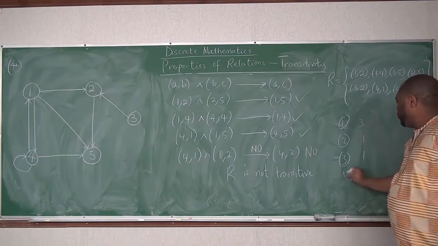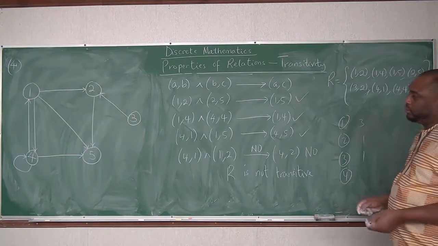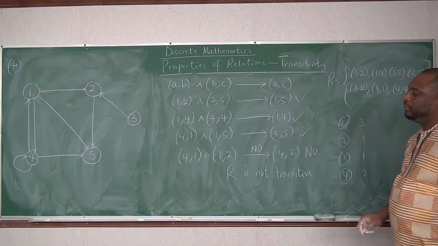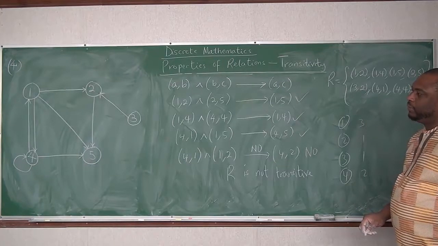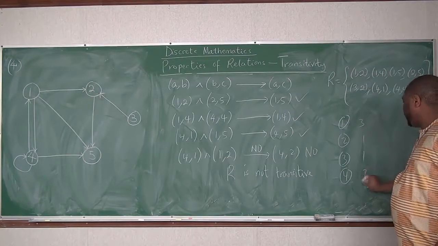From 4 you have 3 arrows: 4, 4 to itself, 4, 1, and 4, 5.